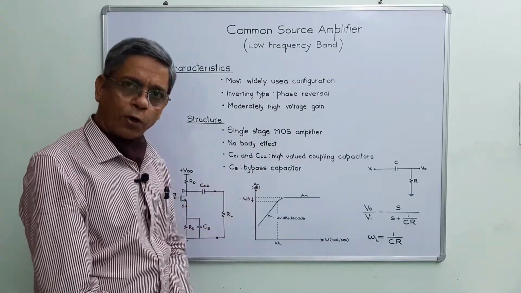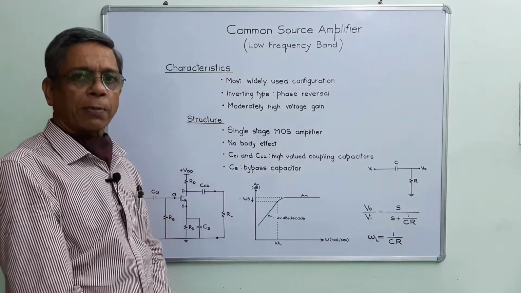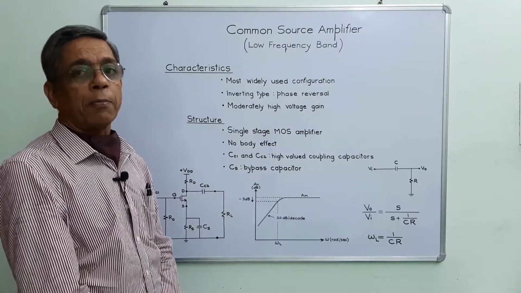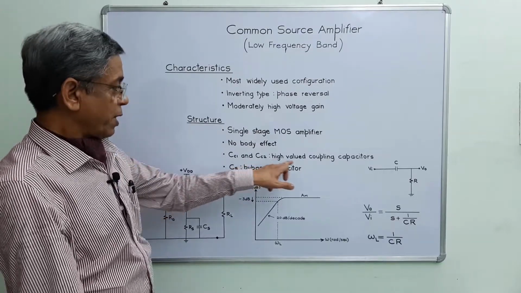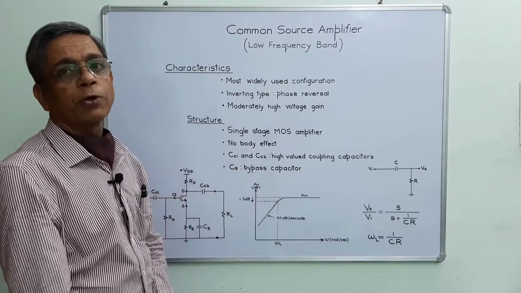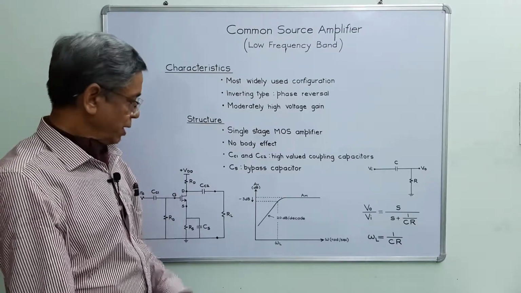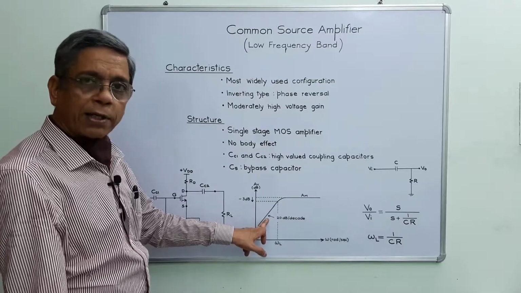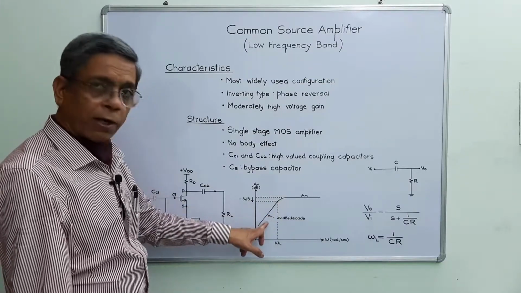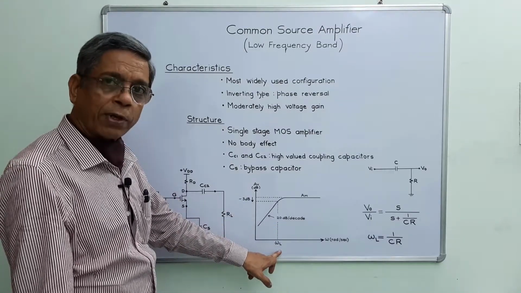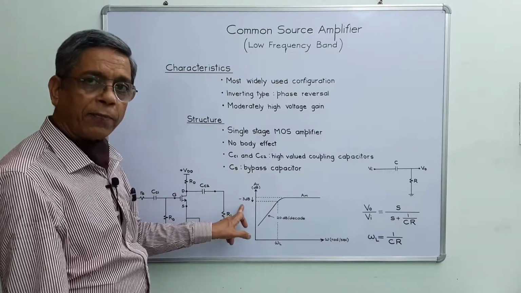At low frequency band, the internal capacitors CGD and CGS behave as an open circuit, but these coupling capacitors and bypass capacitor don't behave as a short circuit. That's why gain starts falling in the low frequency band, and the rate of slope of the Bode plot is 20 dB per decade, and there is a lower 3 dB frequency at which gain falls by 3 dB.